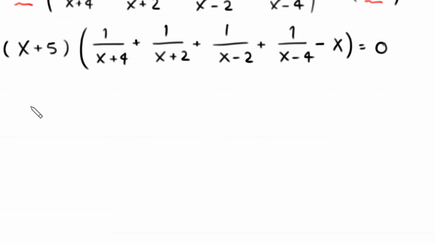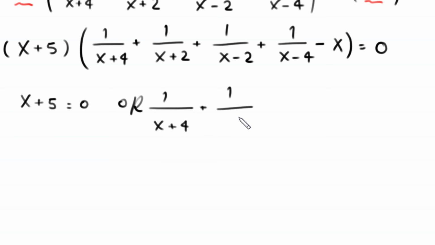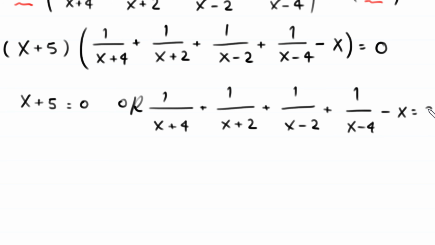Now either this expression x plus 5 equal to 0 or this second factor, 1 over x plus 4, plus 1 over x plus 2, plus 1 over x minus 2, plus 1 over x minus 4, minus x equal to 0.